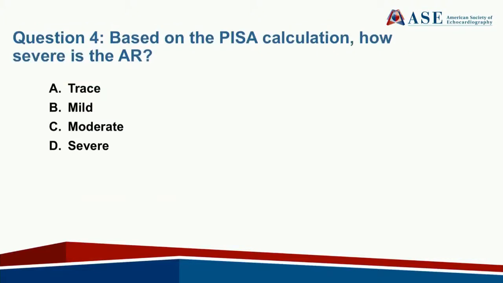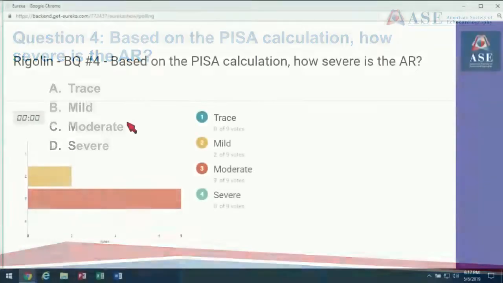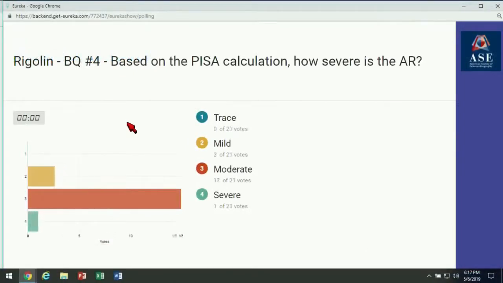So with that, and then just real quick, based on this PISA calculation, how severe is the AR? Can I see the votes, please? So here's our numbers again.